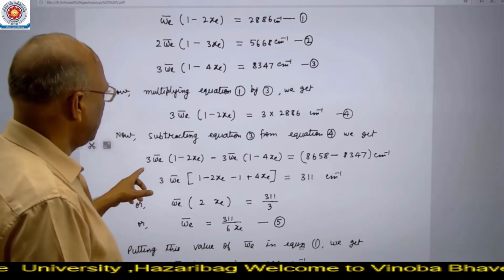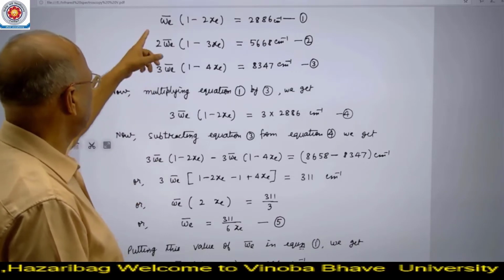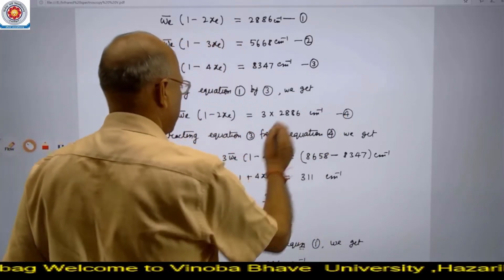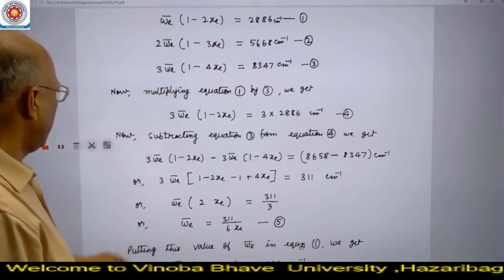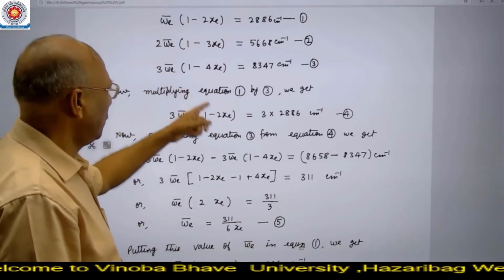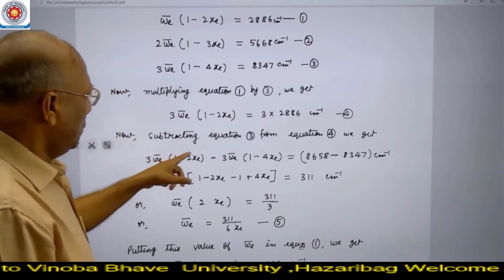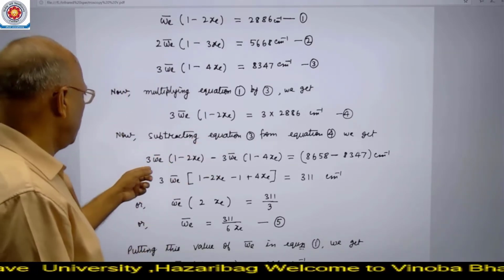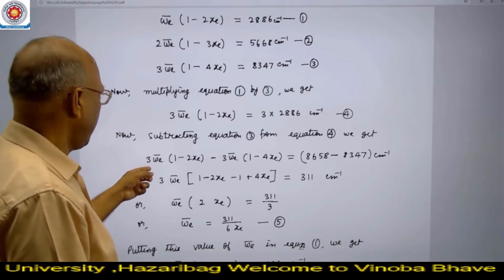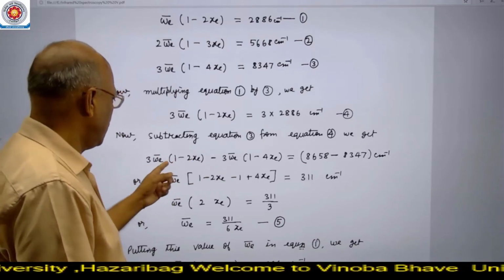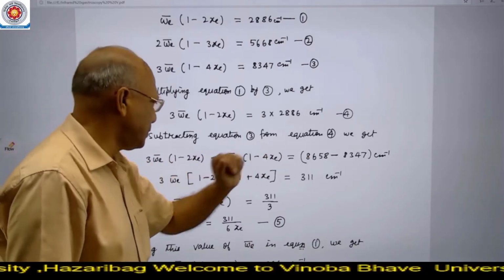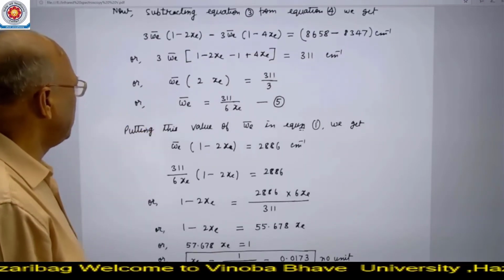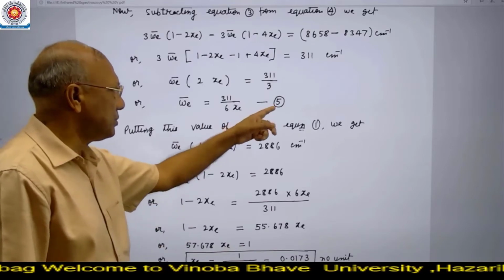First of all, we multiply equation 1 by 3, and we get equation 4. Now subtracting equation 3 from equation 4, that is equation 4 minus equation 3, and when it is solved, we get the value of omega E bar as equation 5.